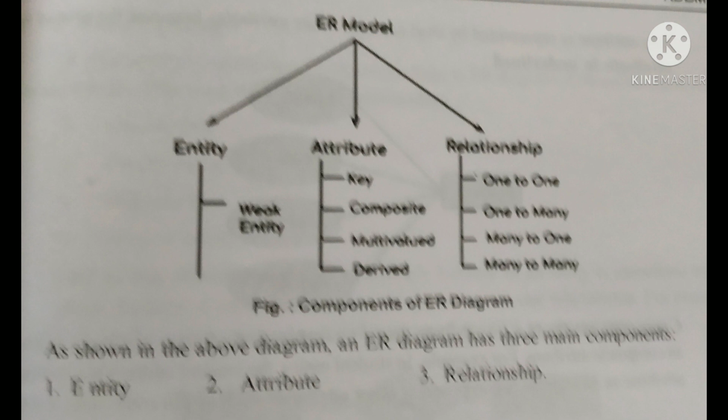An entity is an object or a component of data. An entity is represented as a rectangle in an ER diagram. For example, in the following ER diagram we have two entities, student and college, with a many to one relationship, as many students study in a single college.